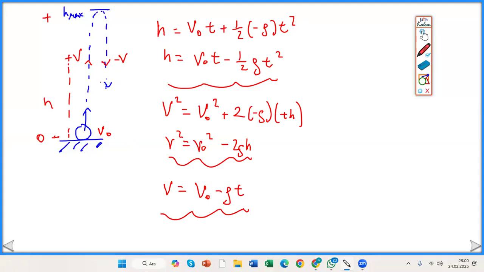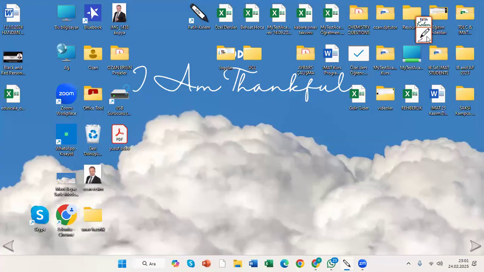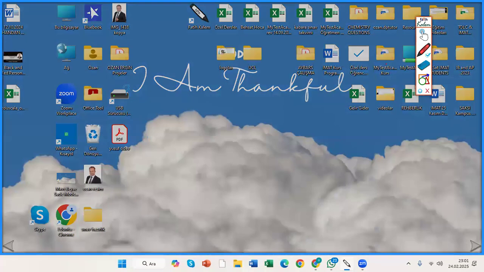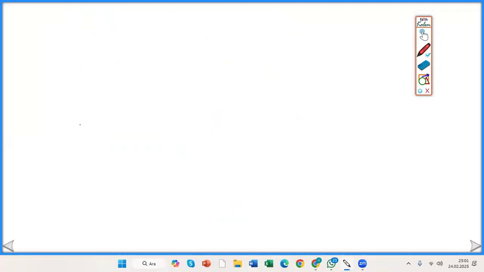Right now, I'm going to show you other motion, but this time we are going to use two different dimensions. So let me show you motion in two dimensions. Our first example is horizontal motion.